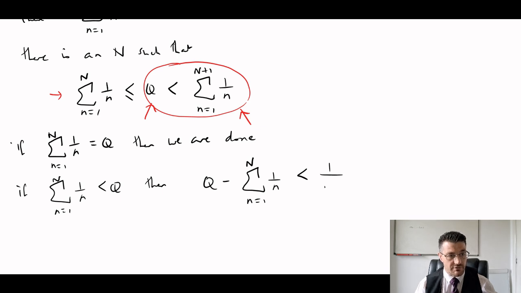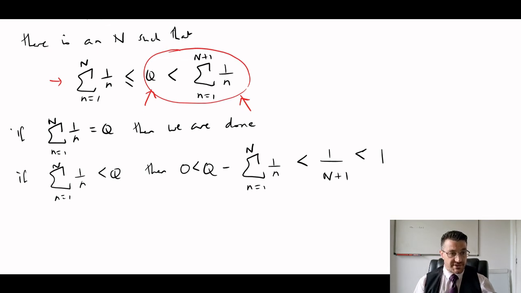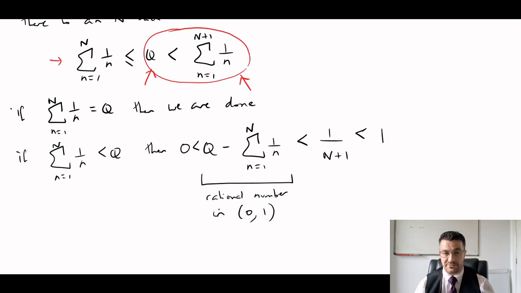I'm just going to be left with 1 over n plus 1, which is less than 1. And also, we've got 0 over here, 0 is less than this. So in other words, this is a rational number between 0 and 1, in the interval 0, 1. So we're in exactly the case now from part 2.